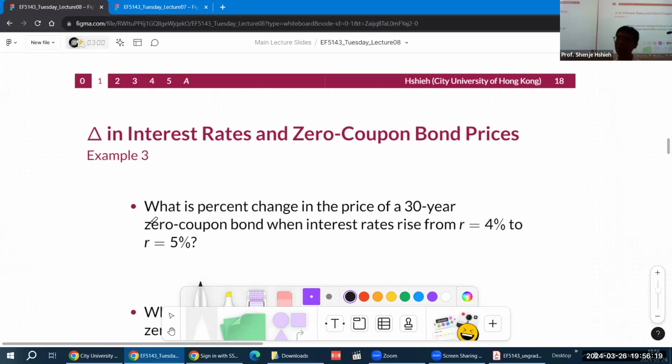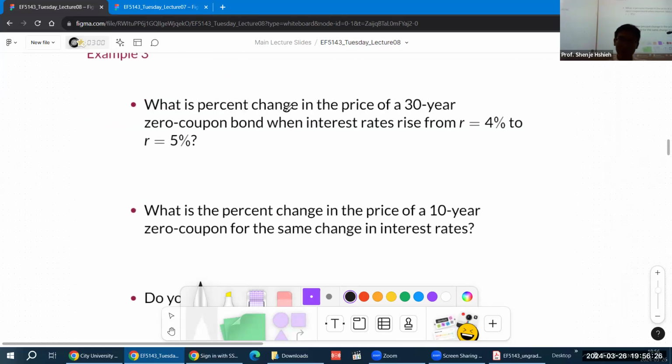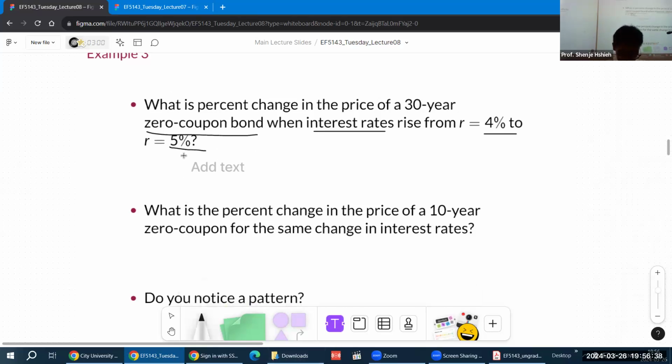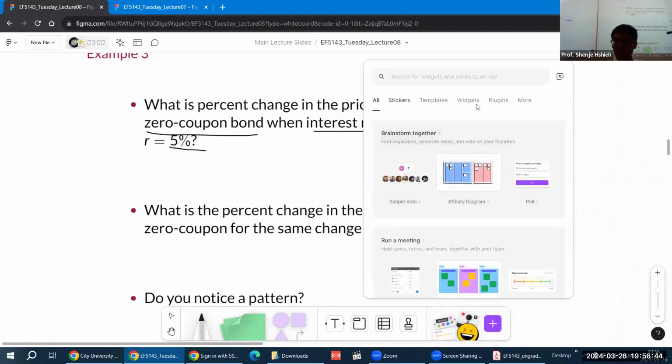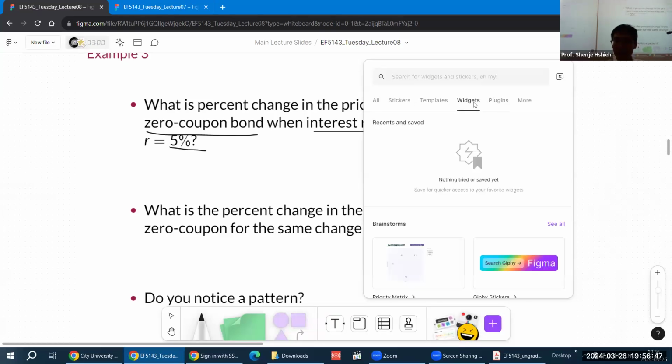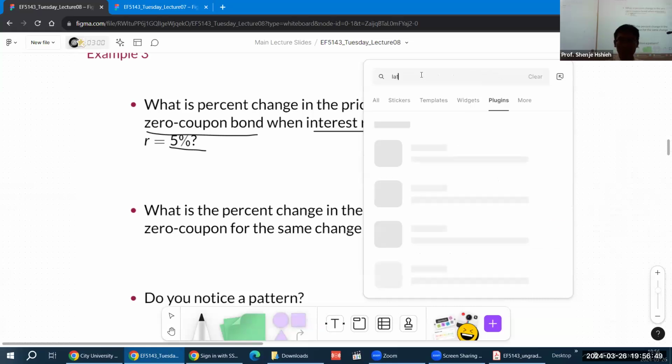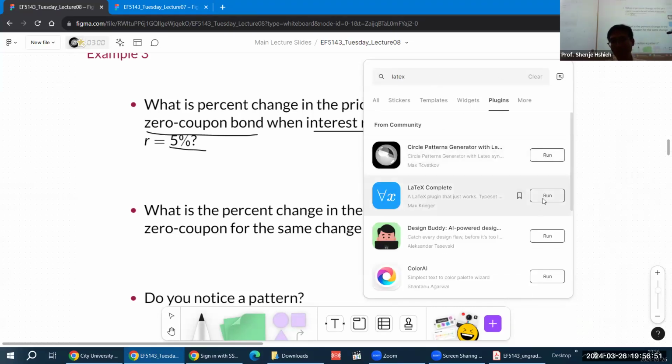But let me demonstrate the sensitivity of bonds to interest rate changes. So suppose you have a change in the price of a 30-year zero coupon bond when interest rates rise from 4% to 5%. Let's do some calculations. Let's do it together. Okay, let's run this.